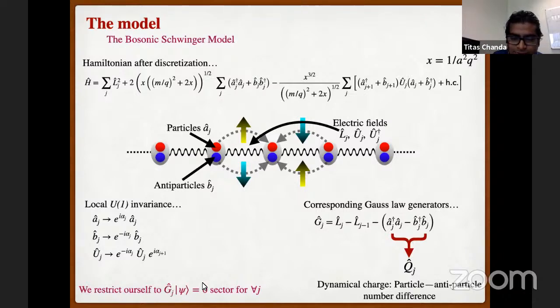So if we see this equation and this equation, this is exactly the standard electromagnetic Gauss law in one dimension. That is, the divergence of the electric field is equal to the charge. Here charge is the difference between particle and antiparticle, and for simplicity, we call it dynamical charge.